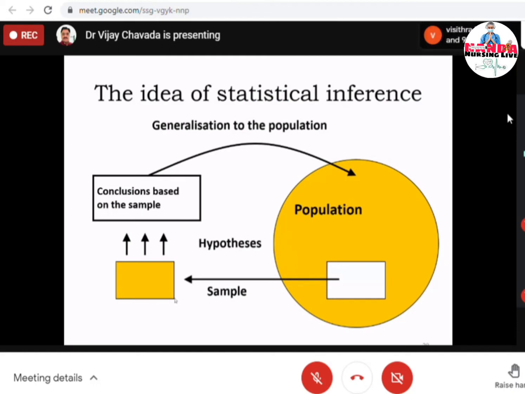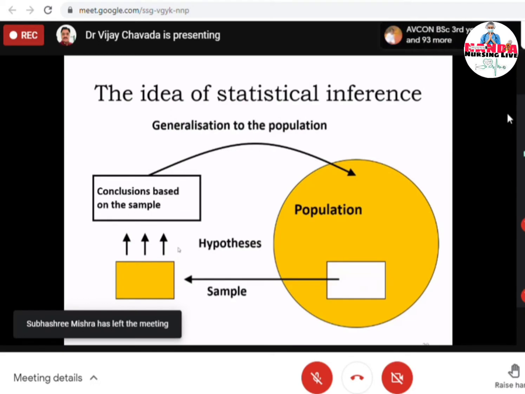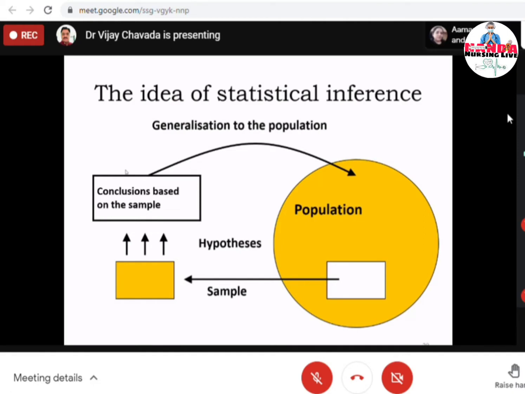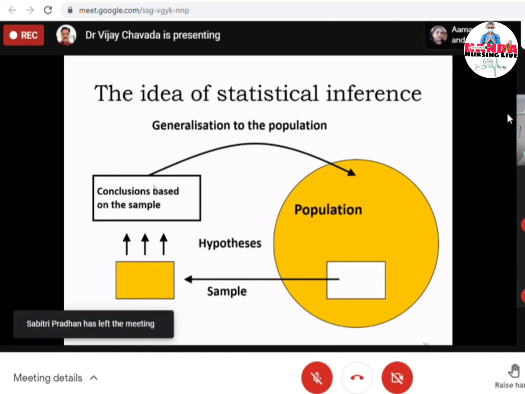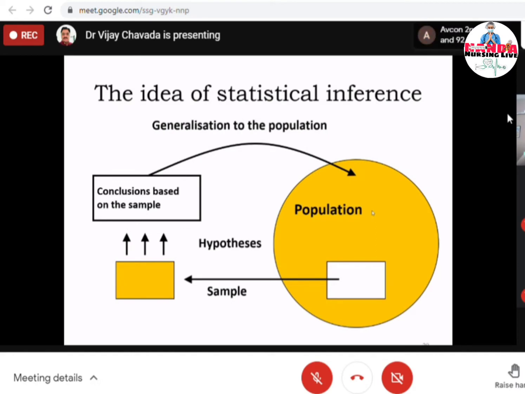We draw a sample from the big population, we hypothesize a few things, a few assumptions, and we try to test them. After that we reject a few, we accept a few, and then we draw conclusions, and these conclusions are generalized to a larger population. So this process is nothing but statistical inference drawn from a sample.